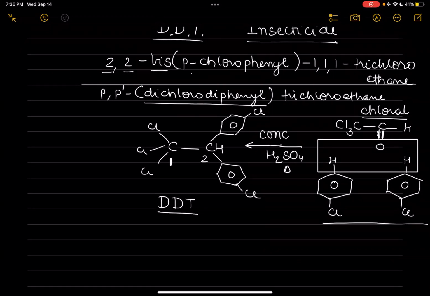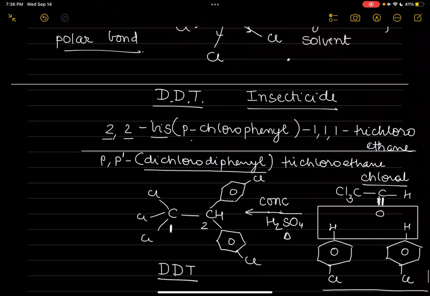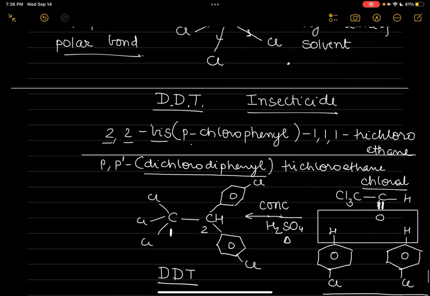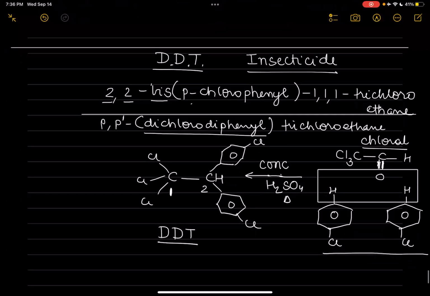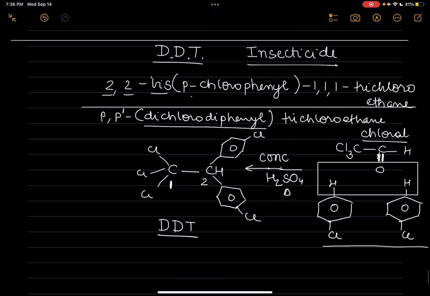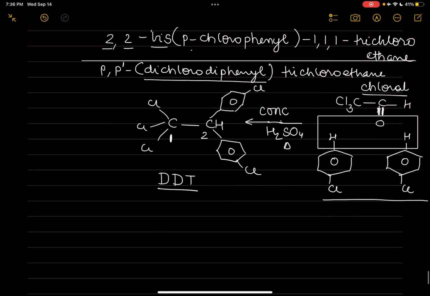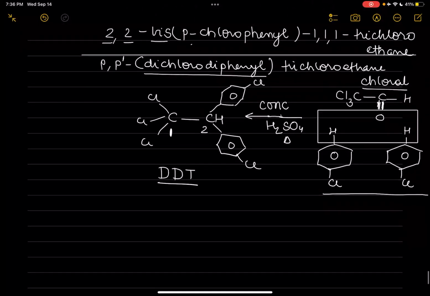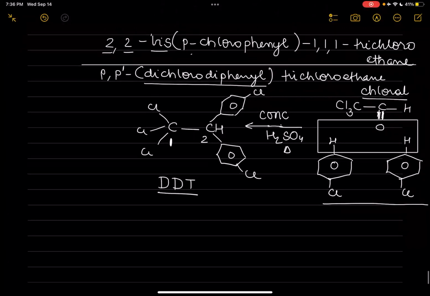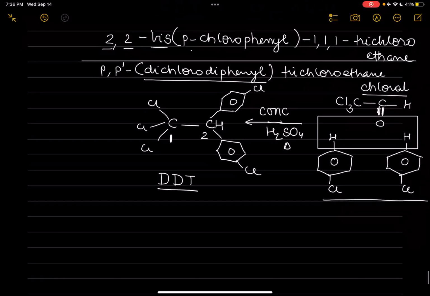It is non-biodegradable, it accumulates in the fat, and because of the large use of DDT, the insects became immune to it and were not killed by it. So the whole purpose of using DDT got affected. So now it has been banned. It is soluble in organic solvent or fat, right? So I hope this is clear.